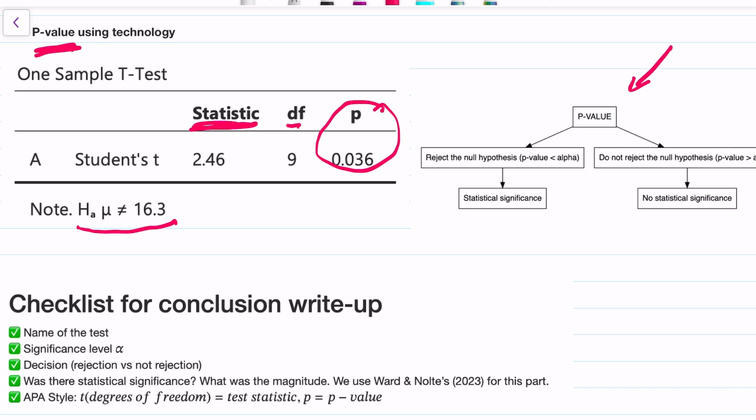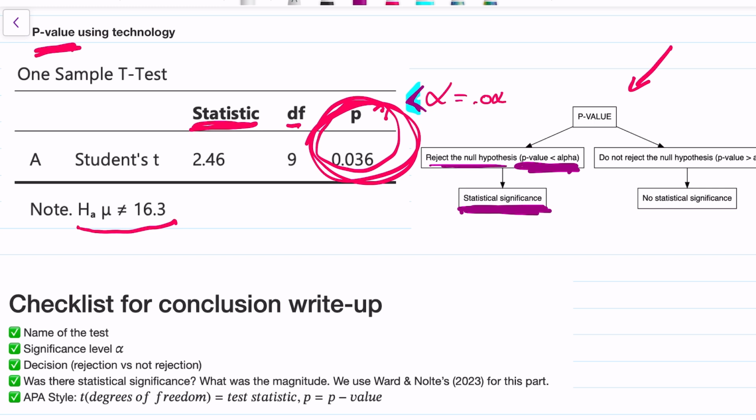Basically what we have to do is compare the p-value to our alpha, which is 0.05, and in this case we know that our p-value is less than our alpha. When the p-value is less than alpha, we have statistical significance and we reject the null hypothesis.